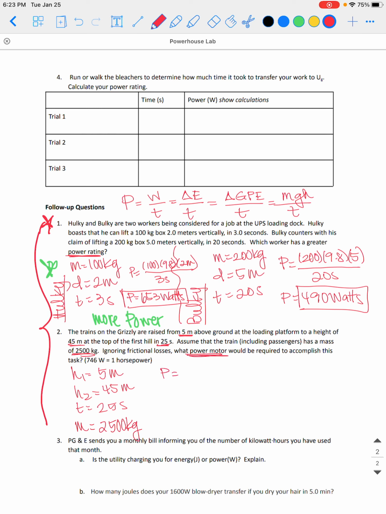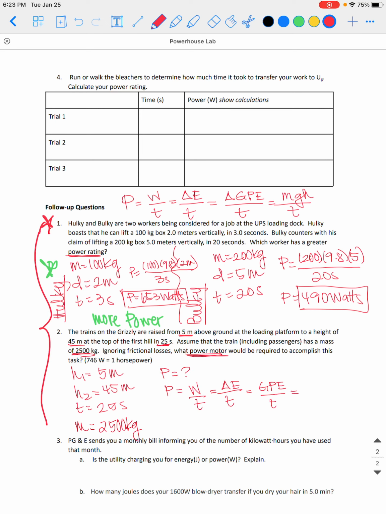Our power is equal to work divided by time. Again, the Grizzly is being raised, so we are looking for a change in energy, which in this case is gravitational potential energy. And our gravitational potential energy starts at a height of 5 meters and goes up to a height of 45 meters.